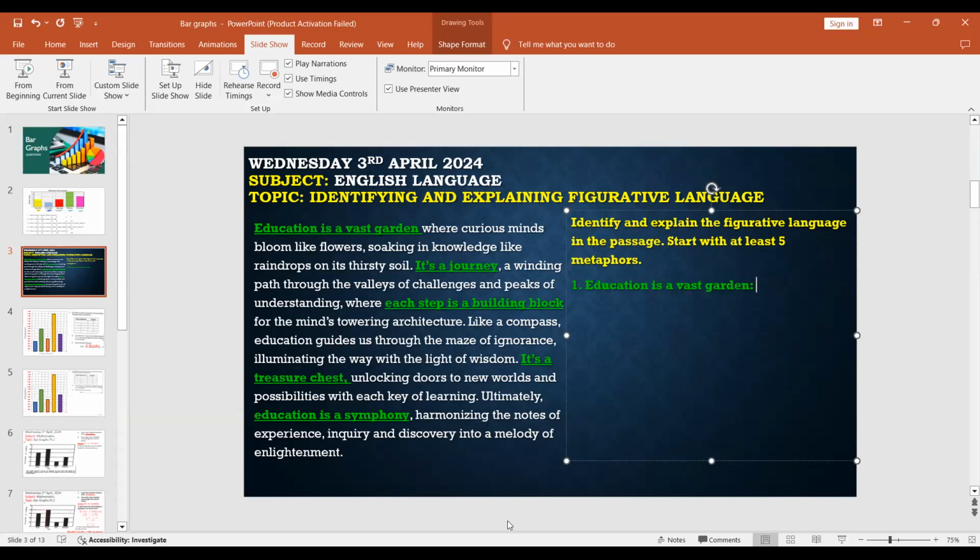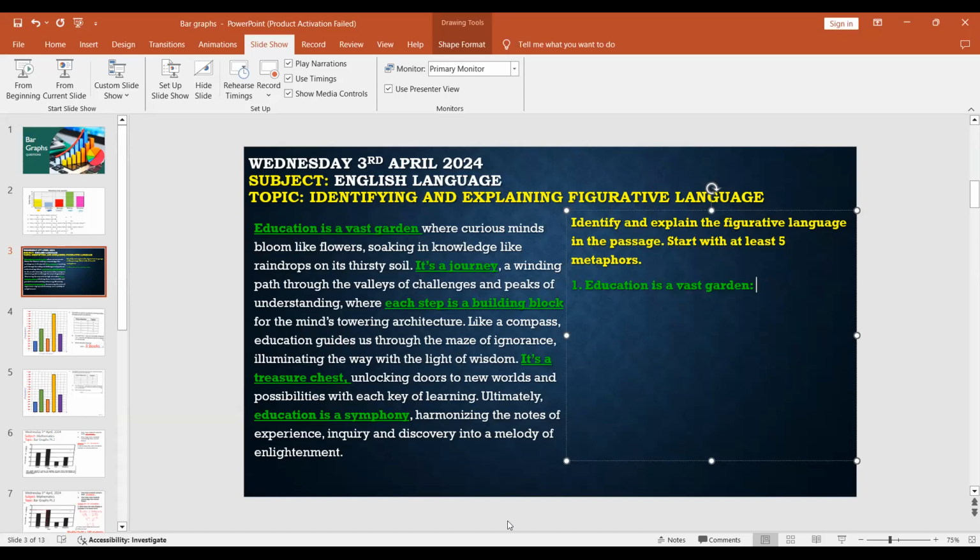Why does the writer say that education is a garden? What happens in a garden? Plants grow. Plants develop. It's like education, we learn something new every day.